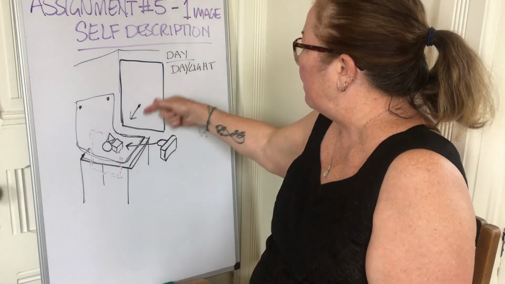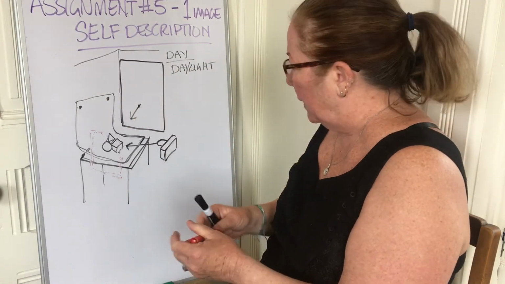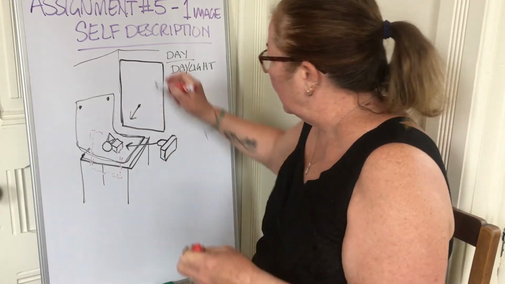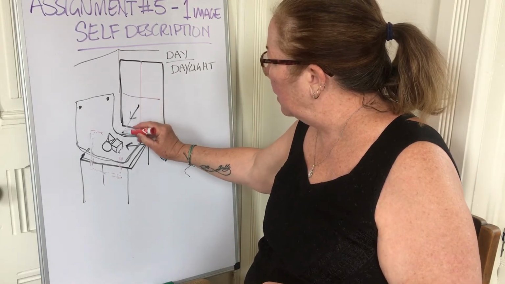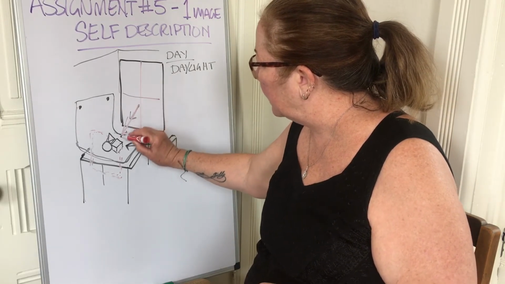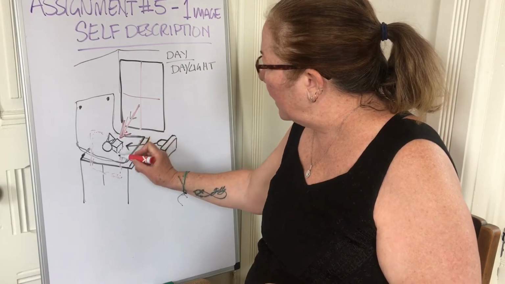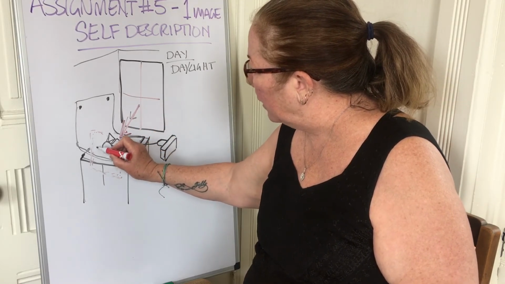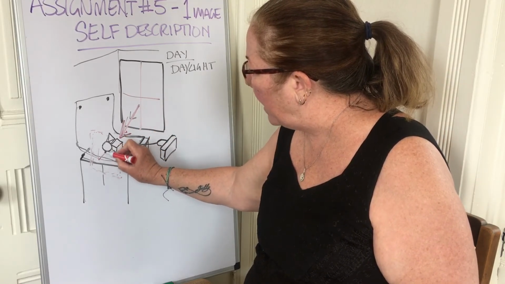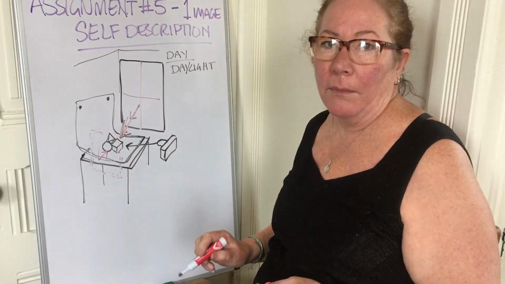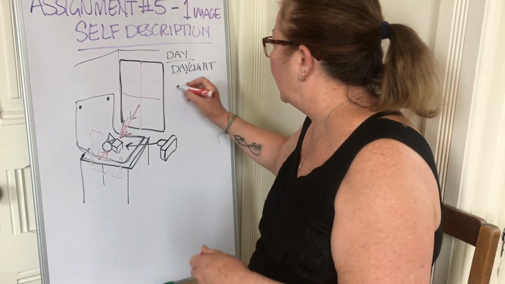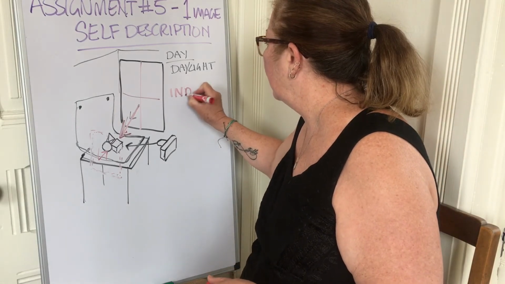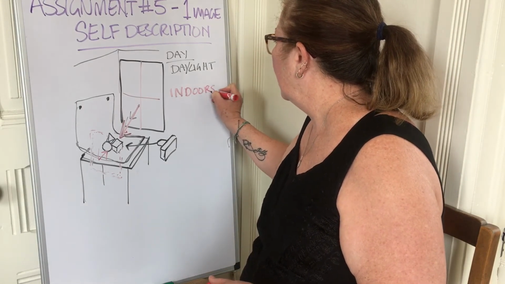You still want that main light to be from a window. So if this was your window, right, here we go. Light's coming in, and it's hitting your subject, right? And then it bounces back from here on this side as well, okay? So that's how you would do it for indoors, right?